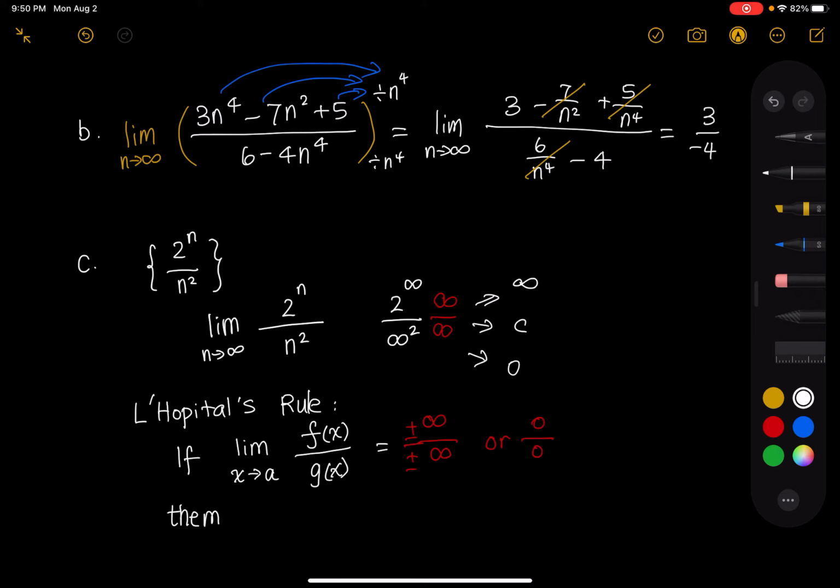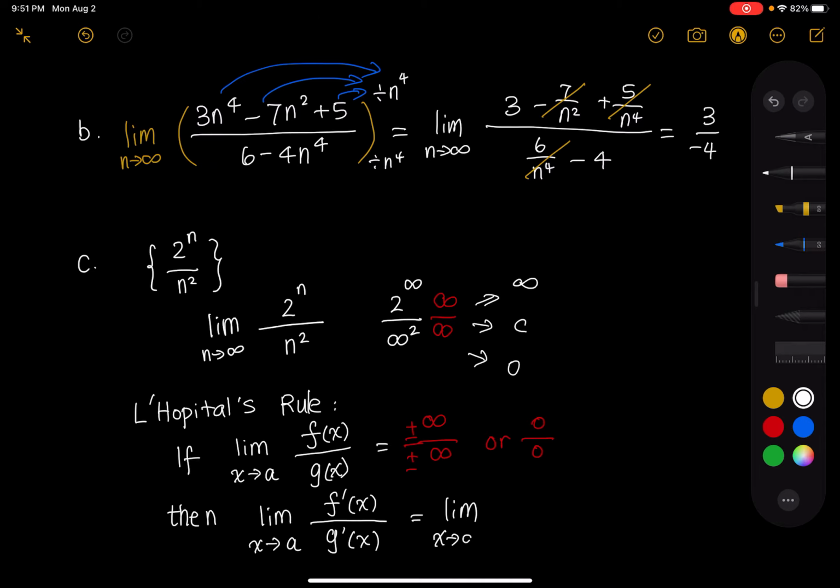If we have these situations, then what we can do is equivalent to finding the limit as x goes to the same constant or infinity, but we just take the derivative. We take the derivative of the top independently and the bottom independently.